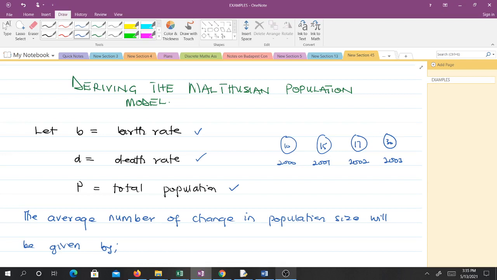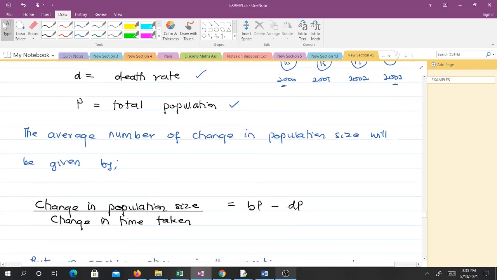To get the average change in our population size from 2000 to 2003, it will be given by the change in population size over the change in time taken. This will be equal to the birth rate times the population minus the death rate times the population.